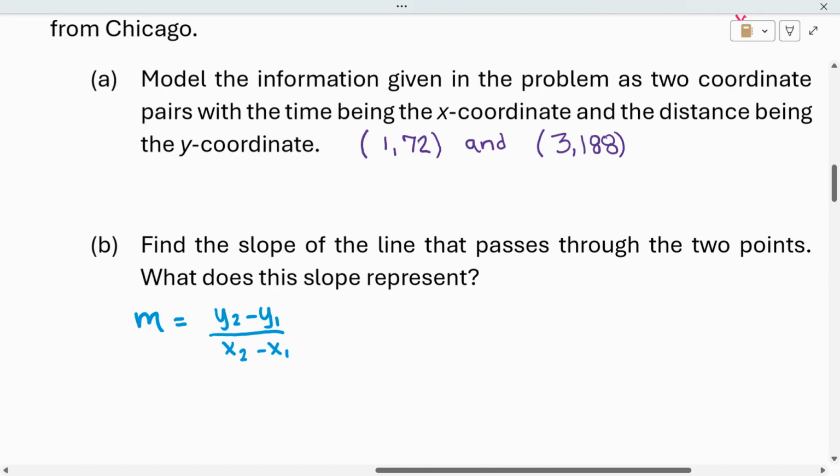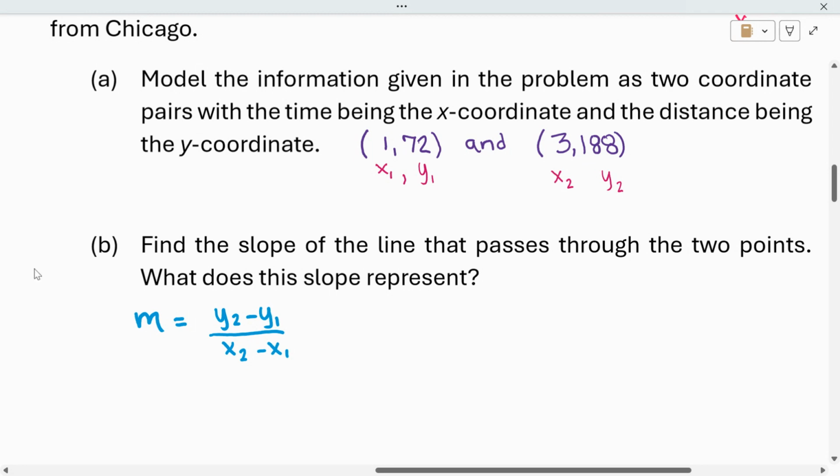So if you remember from Thursday, the first thing that I want you to do is go ahead and label your ordered pairs. This is my first ordered pair, 1, 72. So x sub 1 and y sub 1. My second ordered pair, 3, 188. This is x sub 2 and y sub 2.